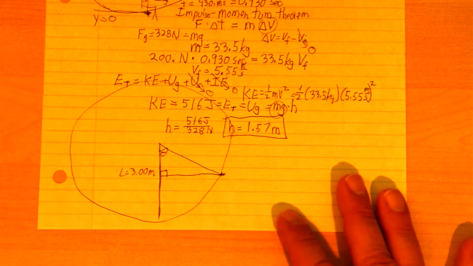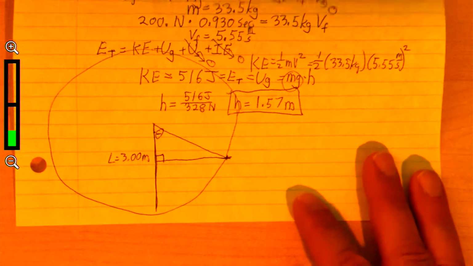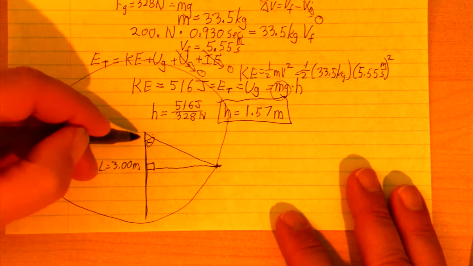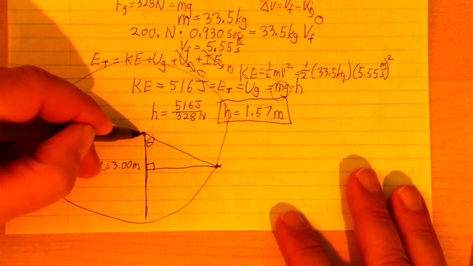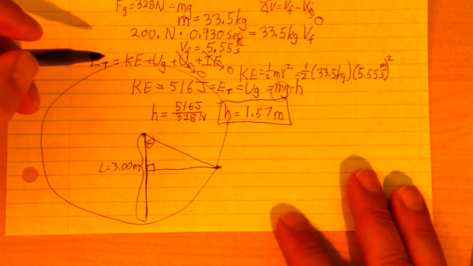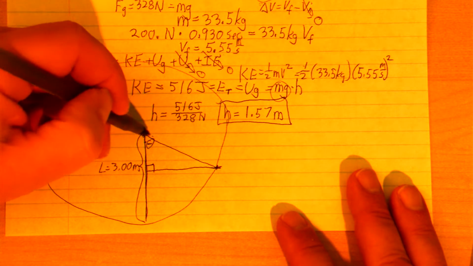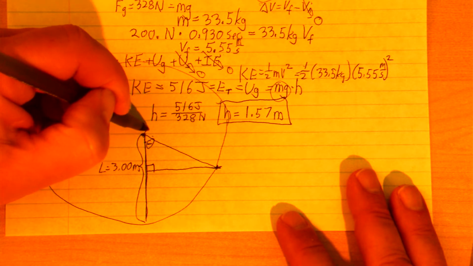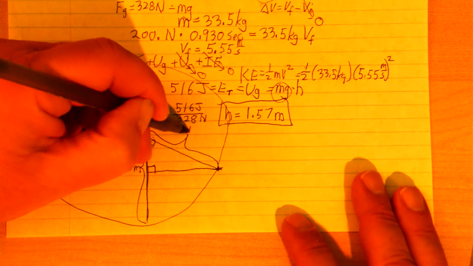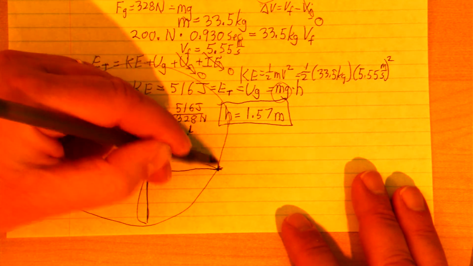Here's how you would solve that trig question. The circle radius is 3 meters. That's the distance from the middle of the circle to the bottom of the swing. And although I drew it badly, it is also the distance from the center of the circle to the swing here, where she stops going up.